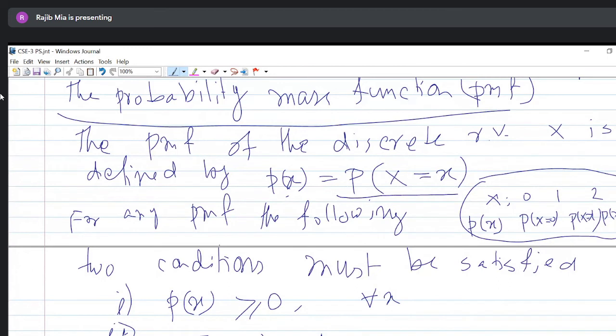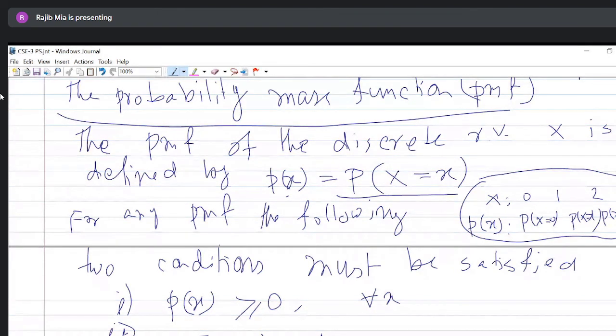Here x equals 0, 1, 2, then p(x) is the probability at x equals 0, probability at x equals 1, and probability at x equals 2. So this whole thing, x equal to 0, 1, 2, are the possible values of x, and then p(x) is called the probability mass function.